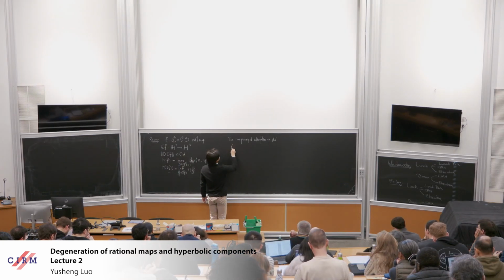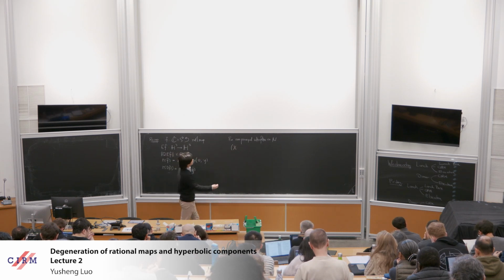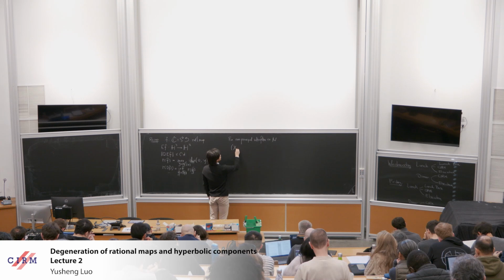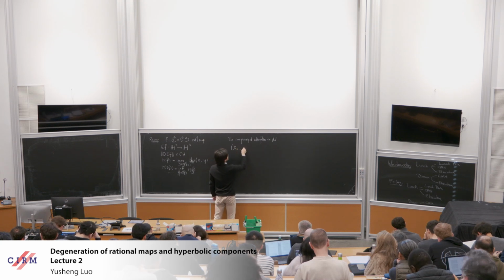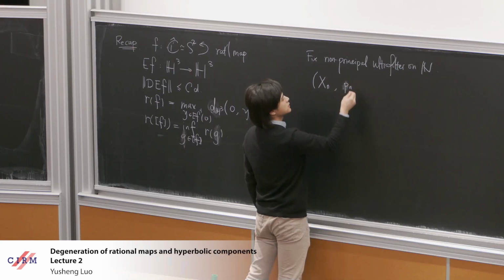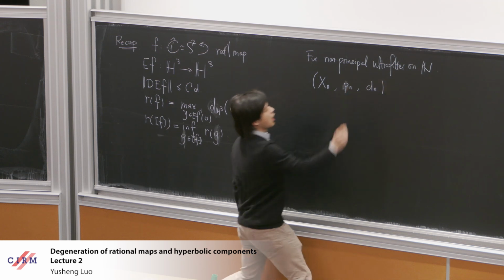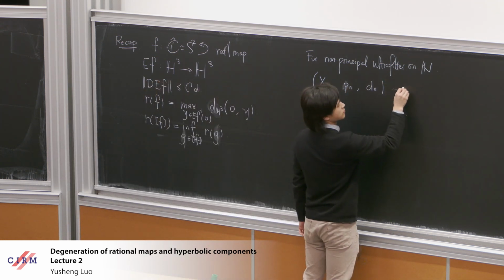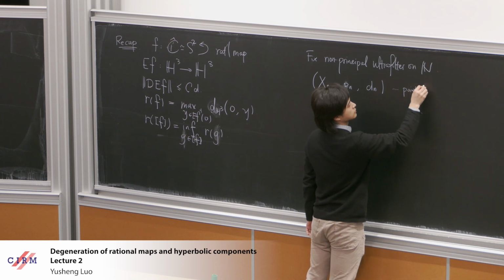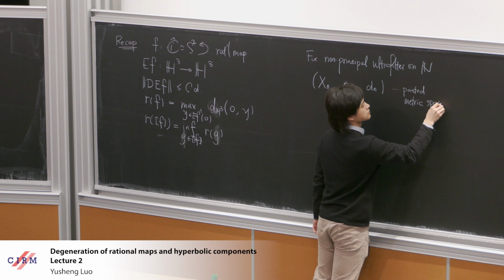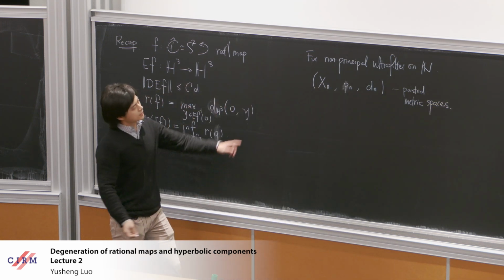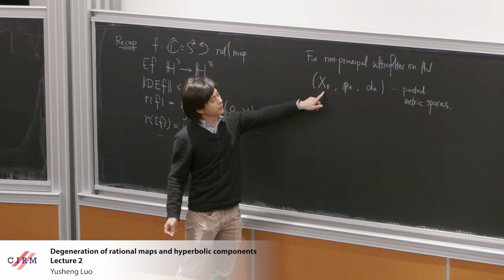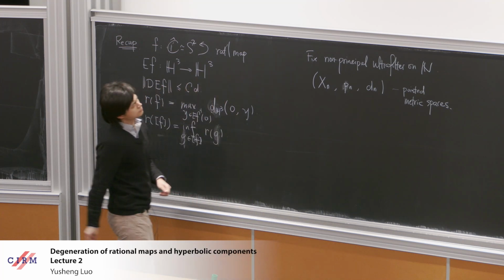So we didn't mention that last time, so let me write down the proper definition. So you start with a sequence of pointed metric spaces. So X_n is the space, P_n is a point in X_n, and d_n is the metric.